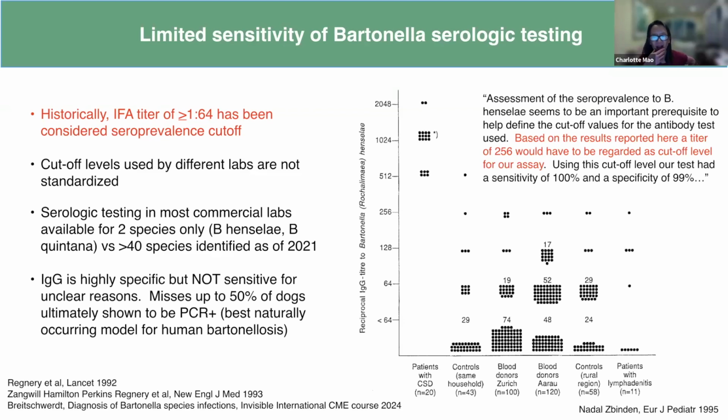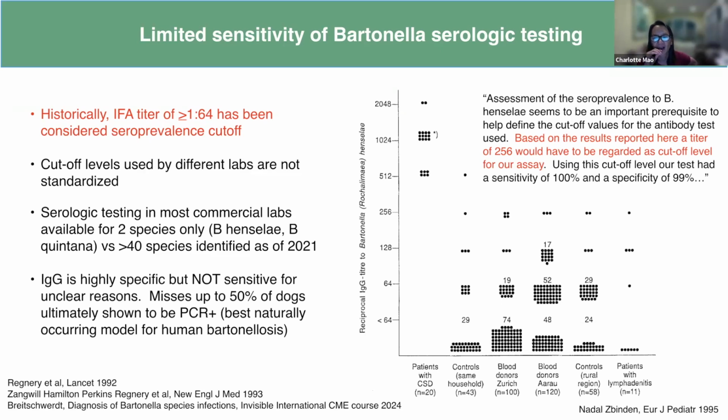Here I just want to show this diagram from one of the studies that was listed in the table that I previously showed of Bartonella seroprevalence studies in blood donors and healthy asymptomatic persons. This is a study from Switzerland. If you recall, as I note on the left, the IFA titer of 1 to 64 has been historically considered the seroprevalence cutoff for showing Bartonella seropositivity.